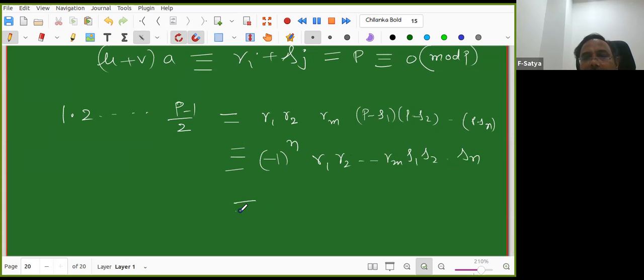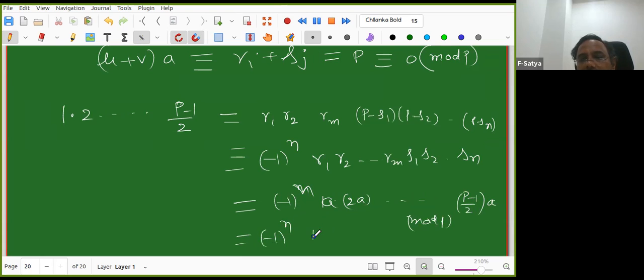But these are nothing but 1 into A, 2 into A, 3 into A and so on, right? In the product, no problem. Each R comes from some multiple of A as a remainder, but these are A, 2A up to P minus 1 by 2 into A, modulo P. So this is equal to minus 1 power n into P minus 1 by 2 factorial into A power P minus 1 by 2.